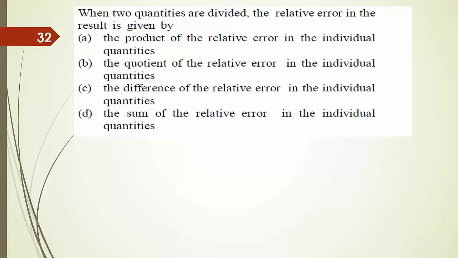Remember, if I consider two quantities as x and y, and these two quantities are divided, suppose I write z equal to x divided by y, then the maximum possible relative error in z is given by delta z over z equal to delta x over x plus delta y over y.